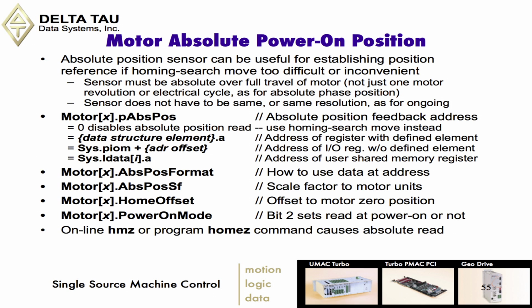And then there's Motor[x].PowerOnMode. Bit 2 will tell it to use the absolute position on power-up. Or you can set it to 0, and then you would tell it to get the absolute position with the HMZ command, or the home Z command, in a motion program. So those are the commands that would tell it to do an absolute read.